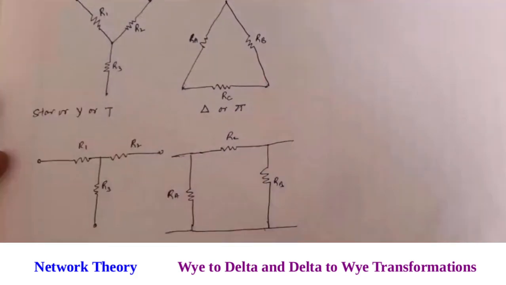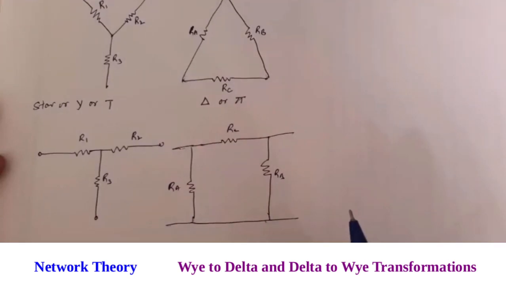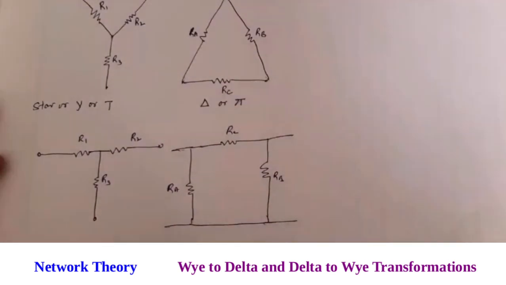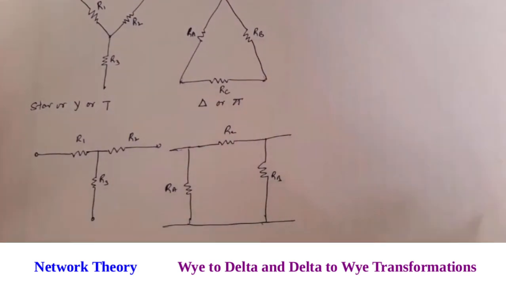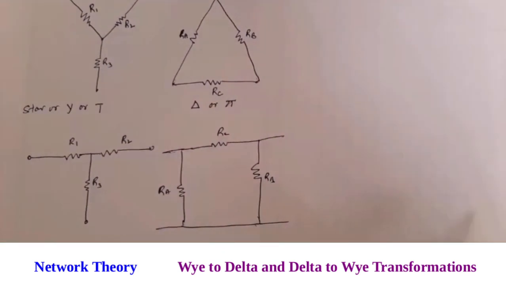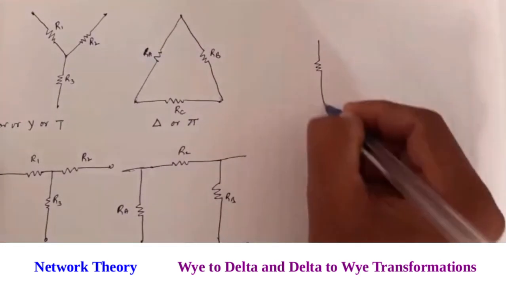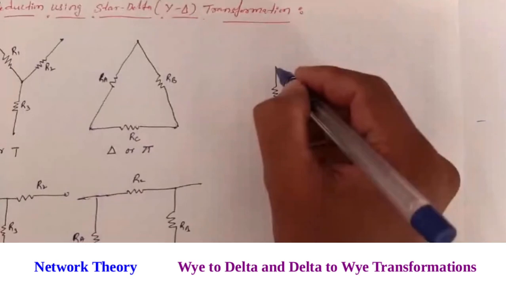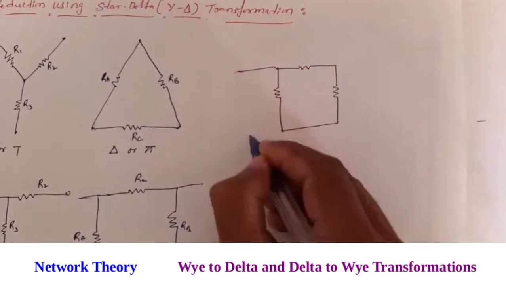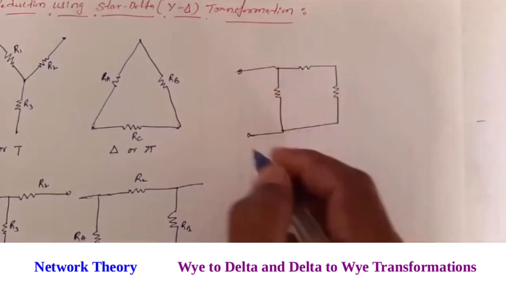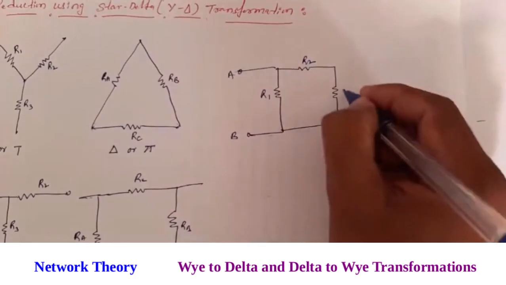Now, in network reduction techniques, we'll come across networks where the resistors are neither in series nor in parallel. For example, let us consider a network and reduce it across two terminals A and B. This is R1, this is R2, and this is R3.